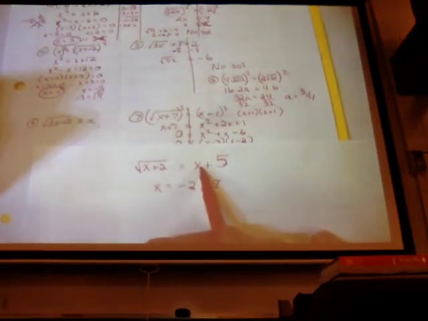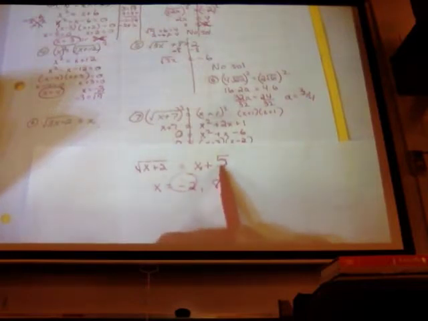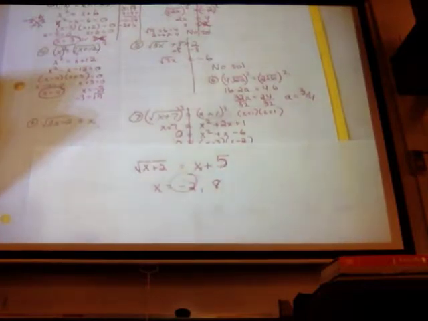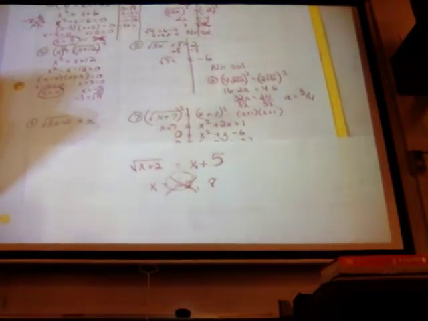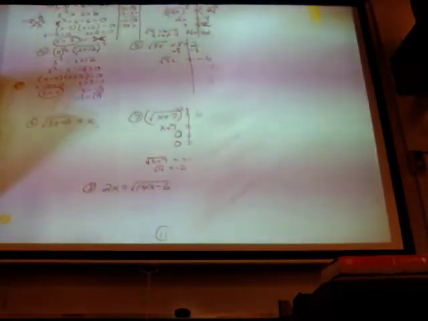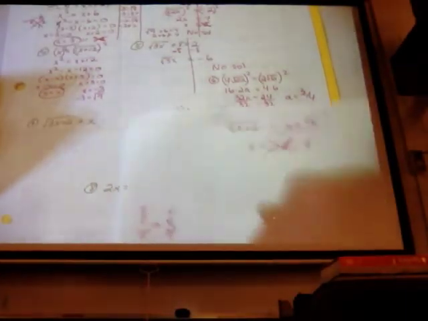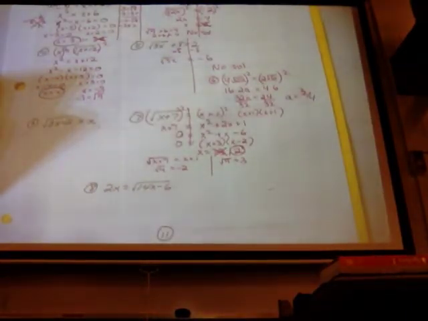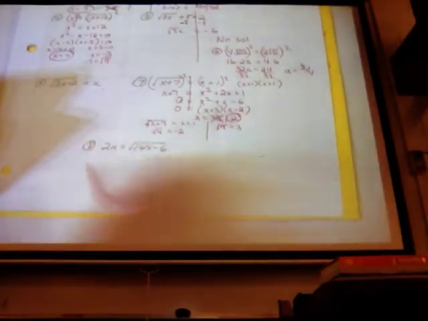Could negative 2 work? It might, right? Because it still would be positive over here. So don't just think, oh, it's negative, I'm going to cross it off. That's not the case always. Okay, you still have to see, does it make the entire side negative? Okay? Okay, last one, number 8.